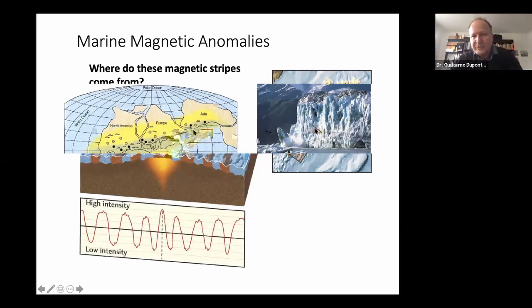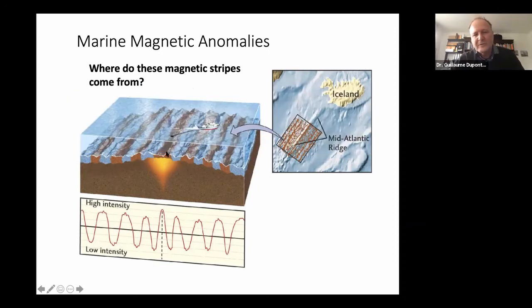When you map these magnetic anomalies, their intensity, you can see that they are shifting around, and they seem to be mirroring the other side of the ocean through the spreading ridge.